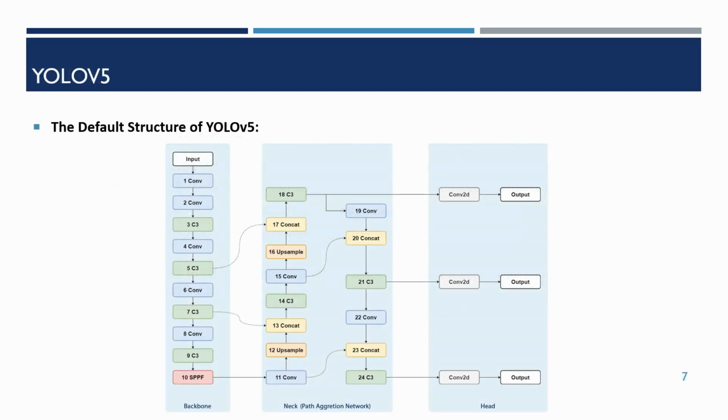This slide shows the structure of YOLOv5. This model is broken into three sections: backbone, which is for feature extraction, neck, which is for feature map concatenation and aggregation, and head, which is for final object detection.